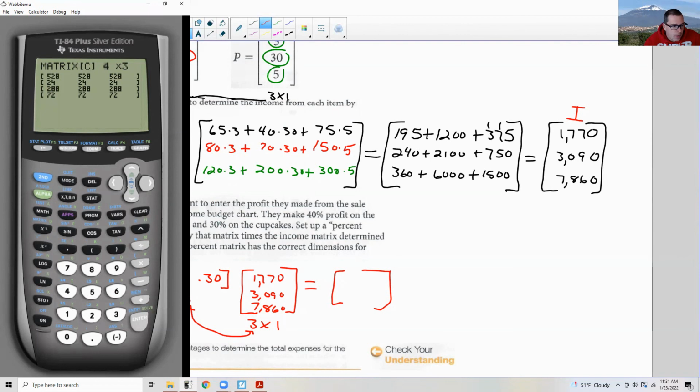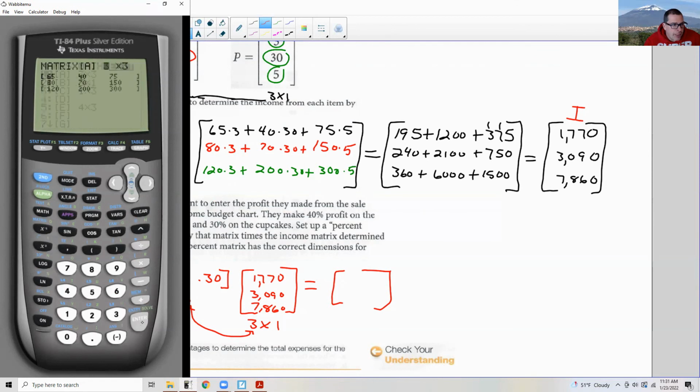This is a 1 by 3 matrix, and it's 0.40, 0.20, and then finally 0.3. Okay, so there's our matrix C, which is our percentages.